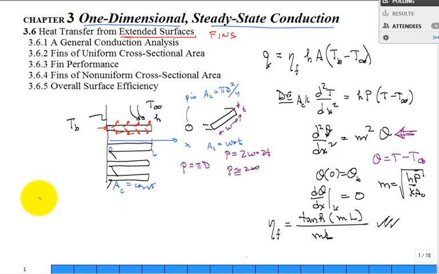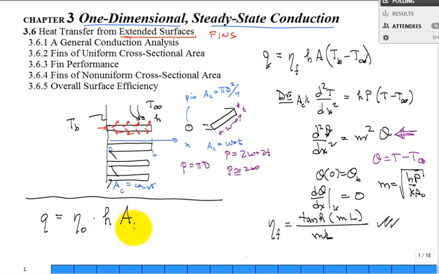And then they say, well, what we'd like to do is work out an equation where the heat transfer from the array of fins is equal to some overall efficiency of my finned array times some convection coefficient times some overall total area times the temperature at the base minus the temperature in the fluid. This really boils down to some simple equations.